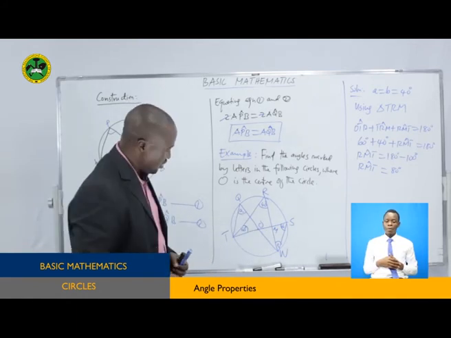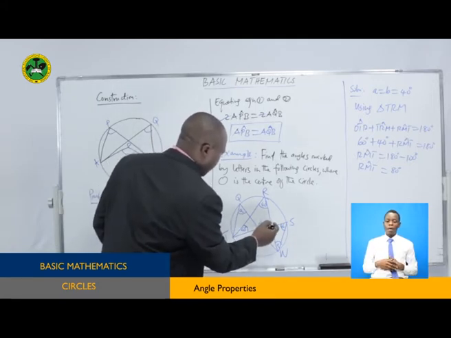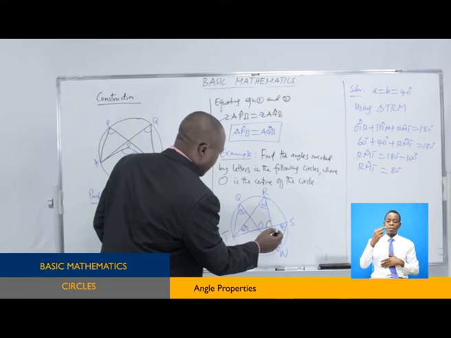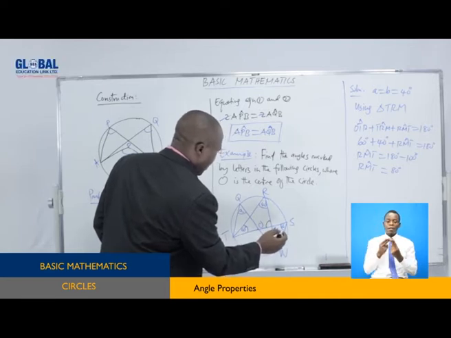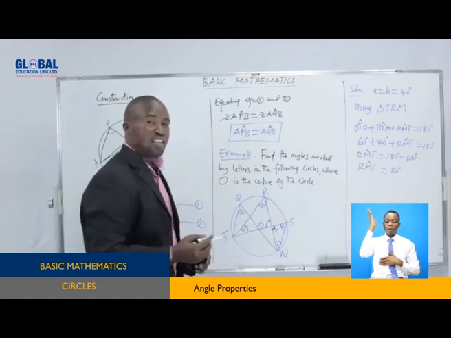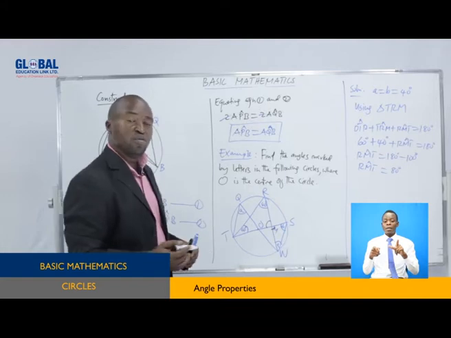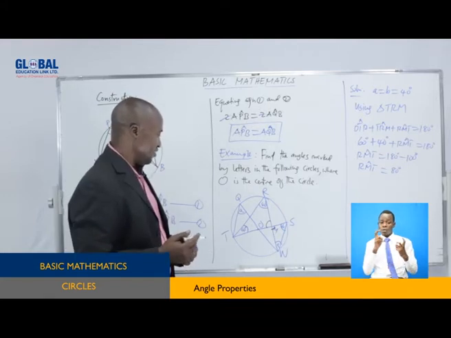But again, students, angle RMT, which is this one, is the same as angle SMW, which is this one. These are the opposite angles. So in this case, SMW is equal to 80 degrees.